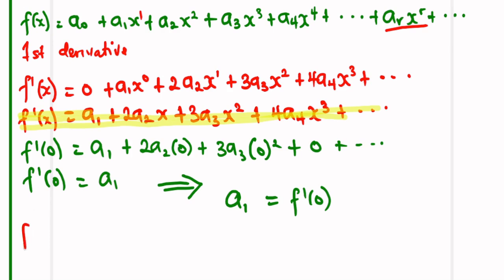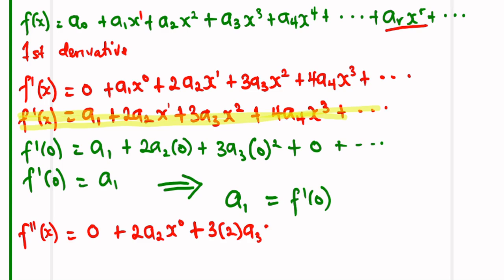So we have f prime prime of x is going to give us, a1 is a constant, so that's 0. The derivative of a1 is 0, plus we have 2a2x. There is power 1 here, so this should give us 2a2 x raised to power 0. Then we'll have plus, the power here is 2, so 3 times 2 a3 x raised to power 1 when we remove 1 from the square.